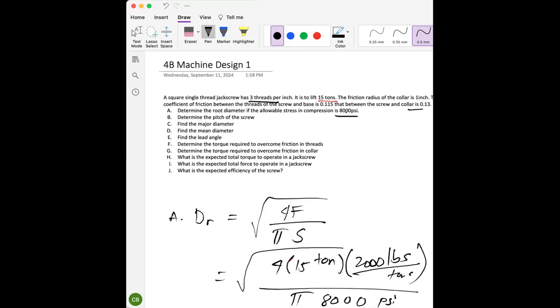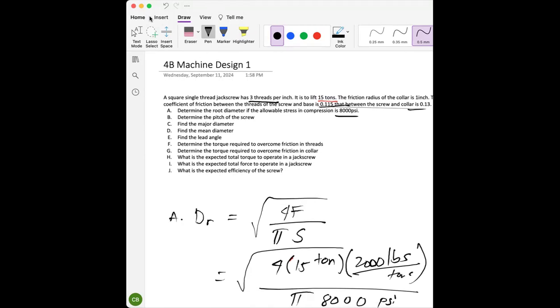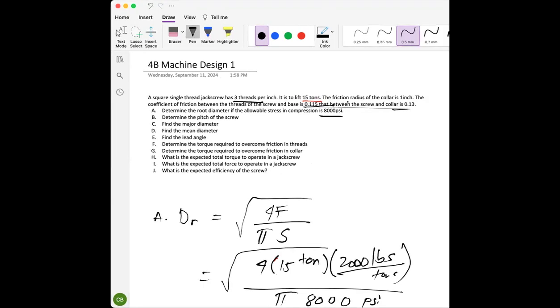For the friction in threads, you will use the 0.115. Then the weight, and RF, the friction radius of the collar, is 1 inch.